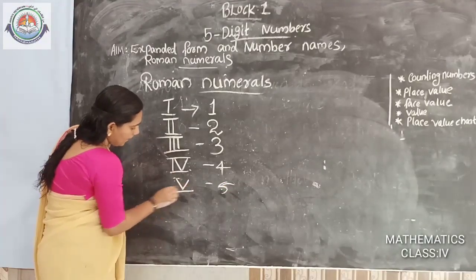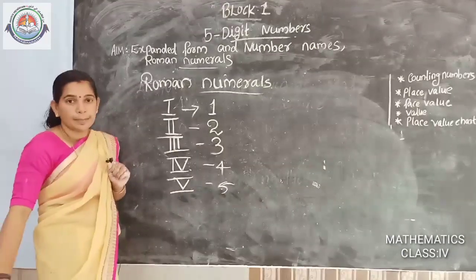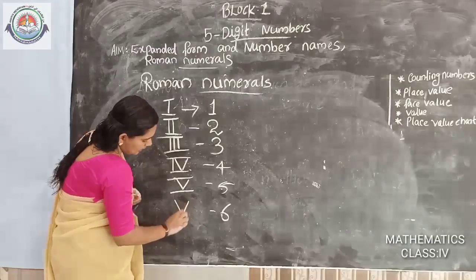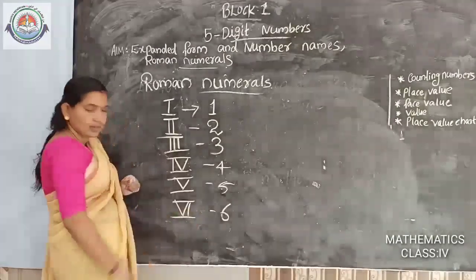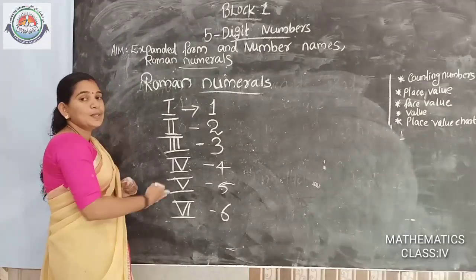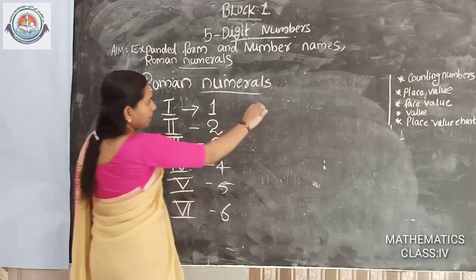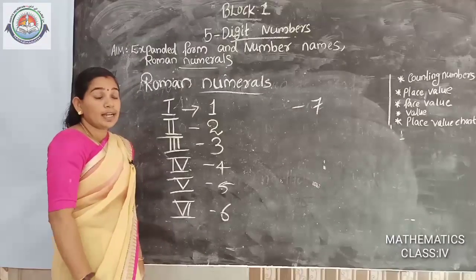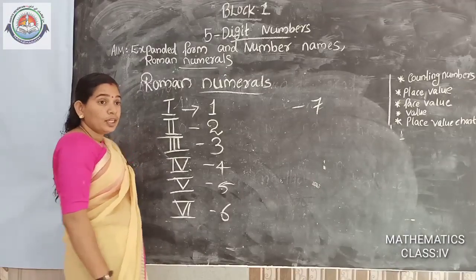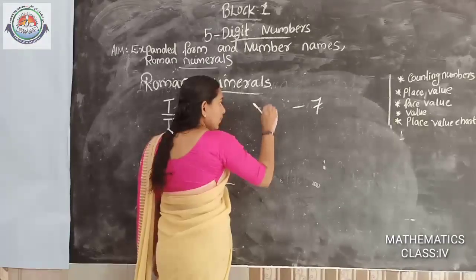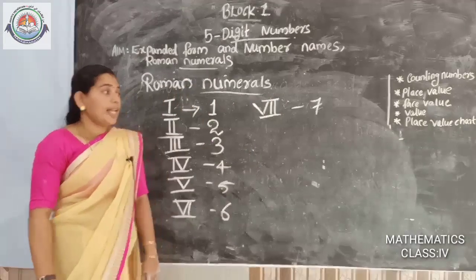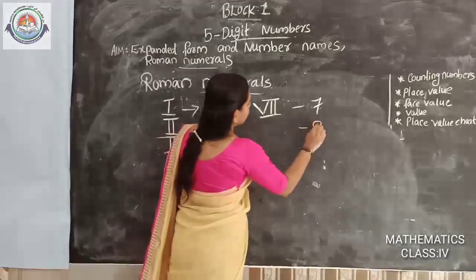This only. Then sixth. That you already use in the classroom. Okay. Then seventh. In 7th standard classroom, how do you write 7? Then 8th standard, how do you write?